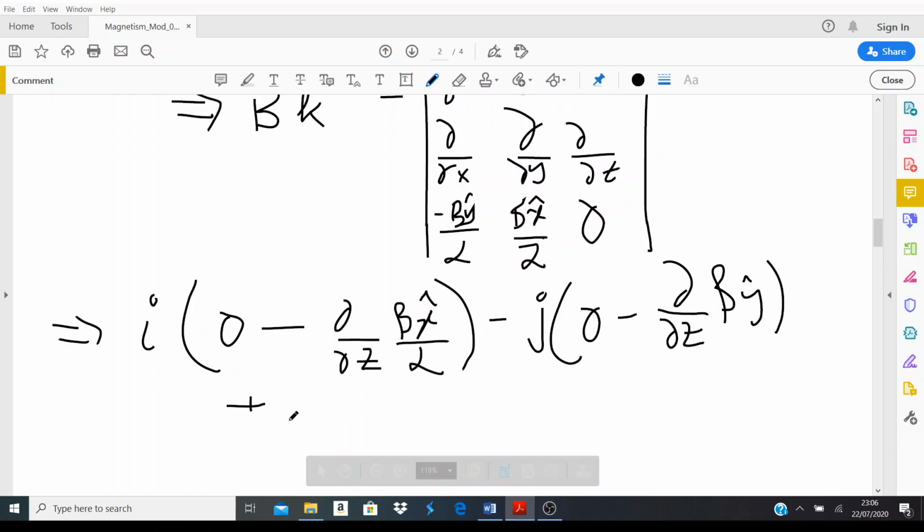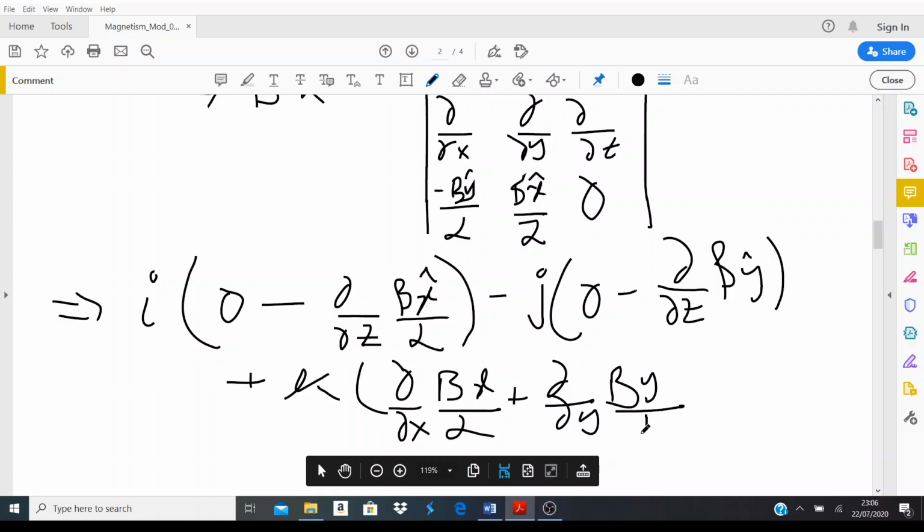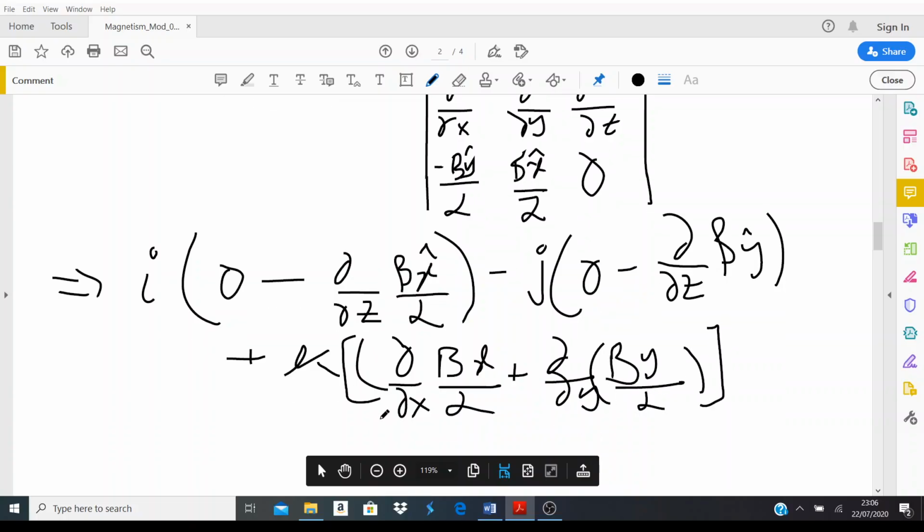And then the kth component. For the kth component, we have d/dx of bx/2 minus, and then another minus here, so it would be a plus d/dy of by/2, right? Okay.